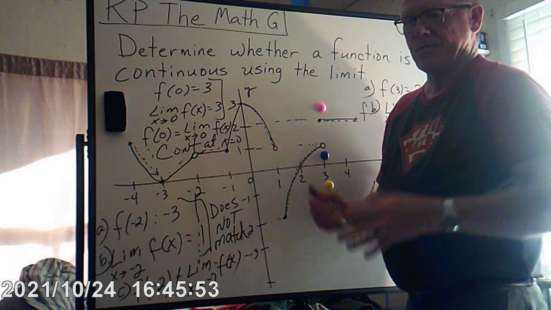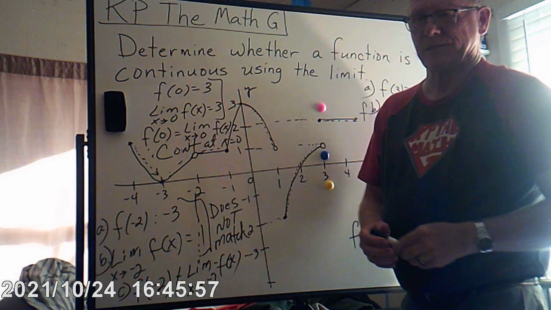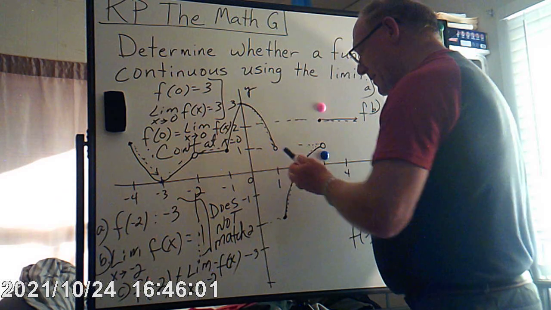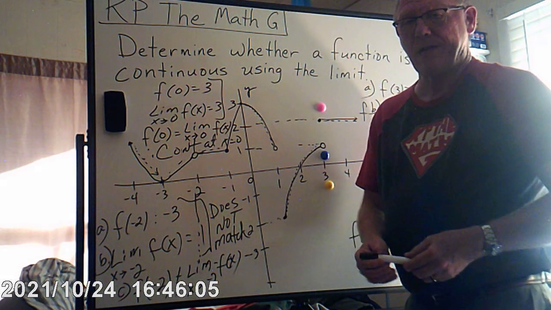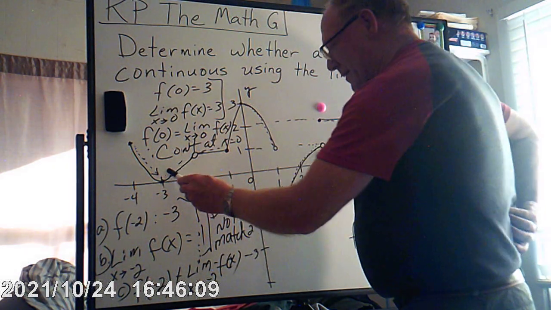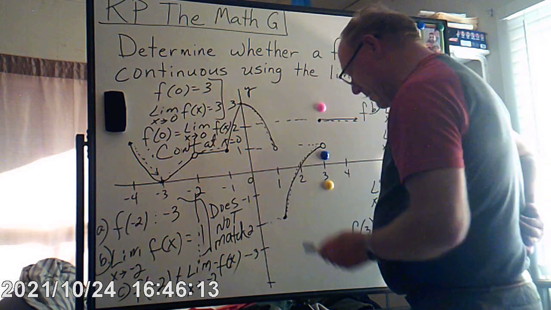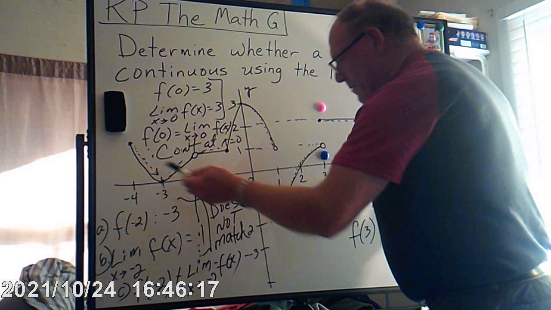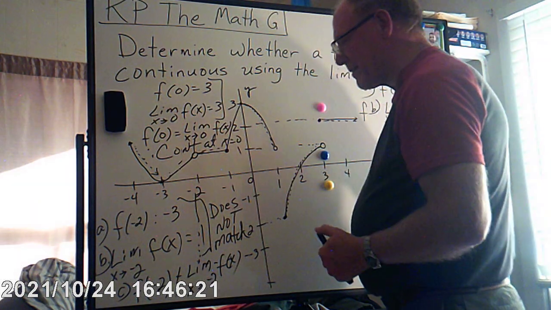And sometimes when we look at calculus, we look at little pieces of the puzzle. And then we put it all together. Now, if it says, is f continuous everywhere? The answer is no. It's not everywhere. Yes, it is at some places.